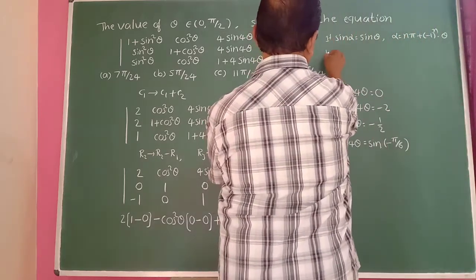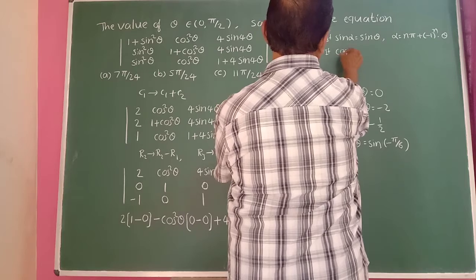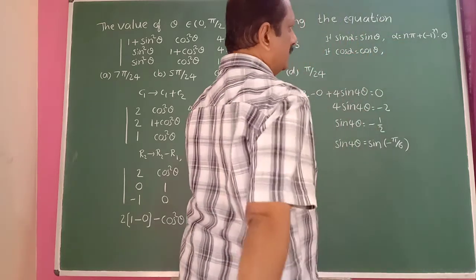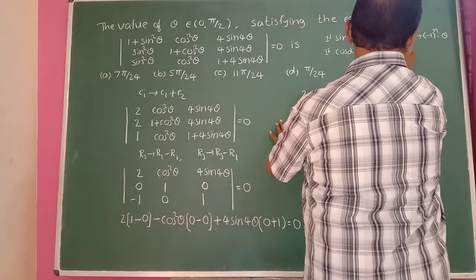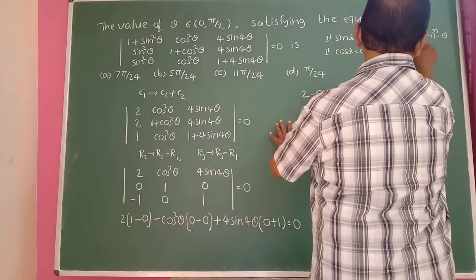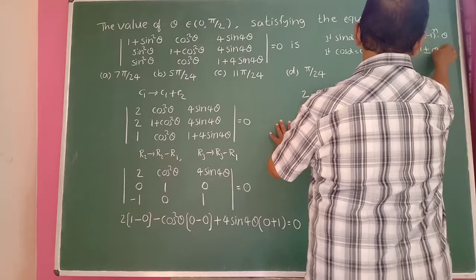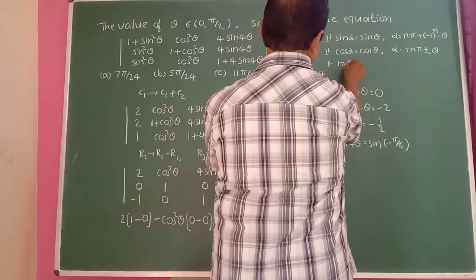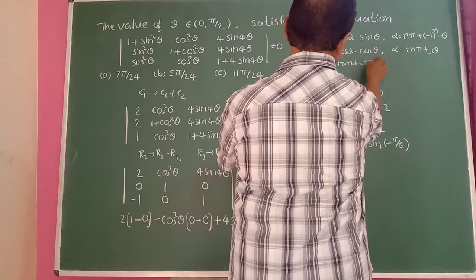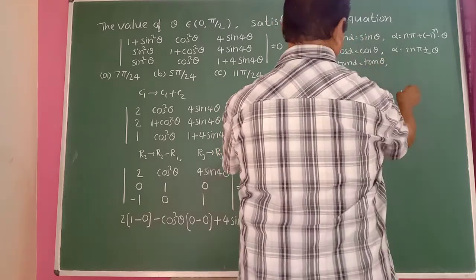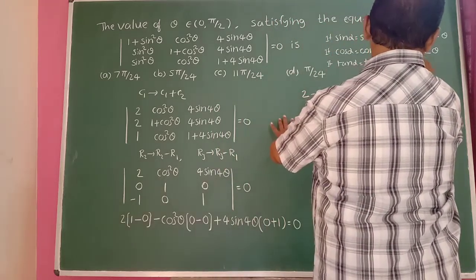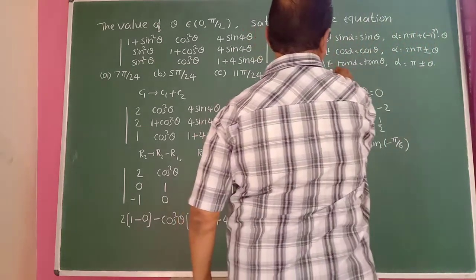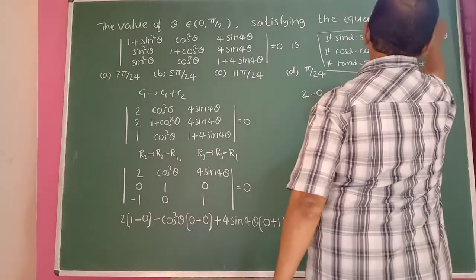If cos alpha is equal to cos theta, in that case the general solution alpha is equal to 2n pi plus or minus theta. And if tan alpha is equal to tan theta, then alpha is equal to n pi plus theta. Okay, so these are the formulas here.